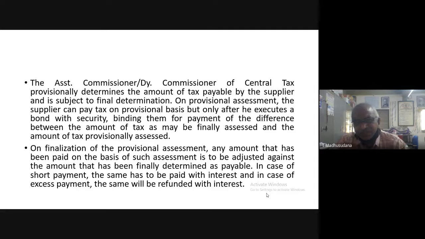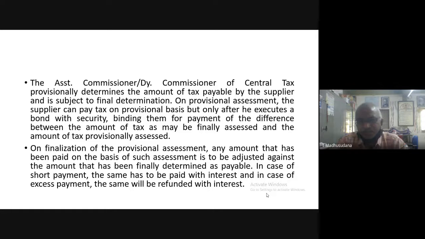The assistant commissioner or deputy commissioner of central tax provisionally determines the amount of tax payable by the supplier, which is subject to final determination.